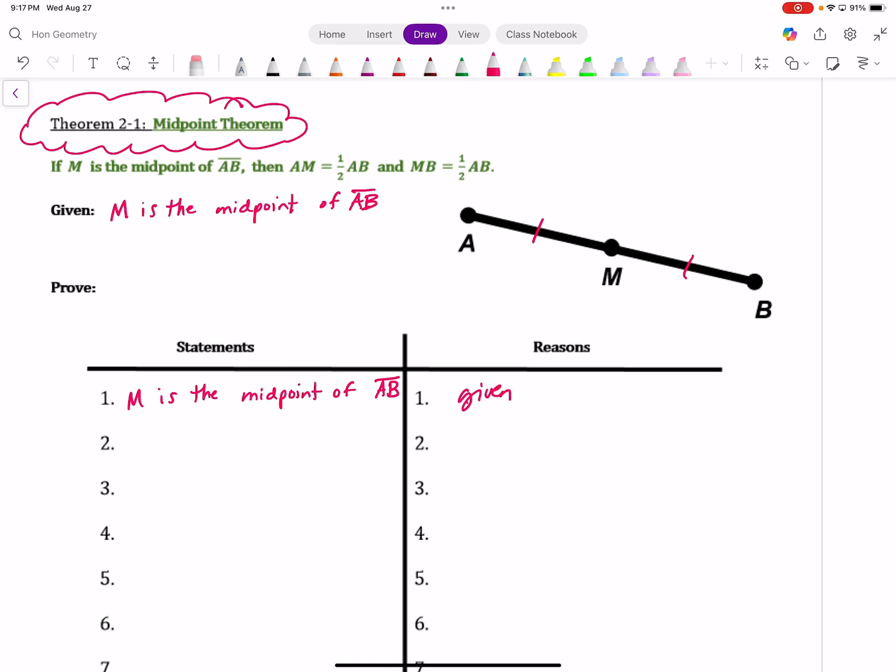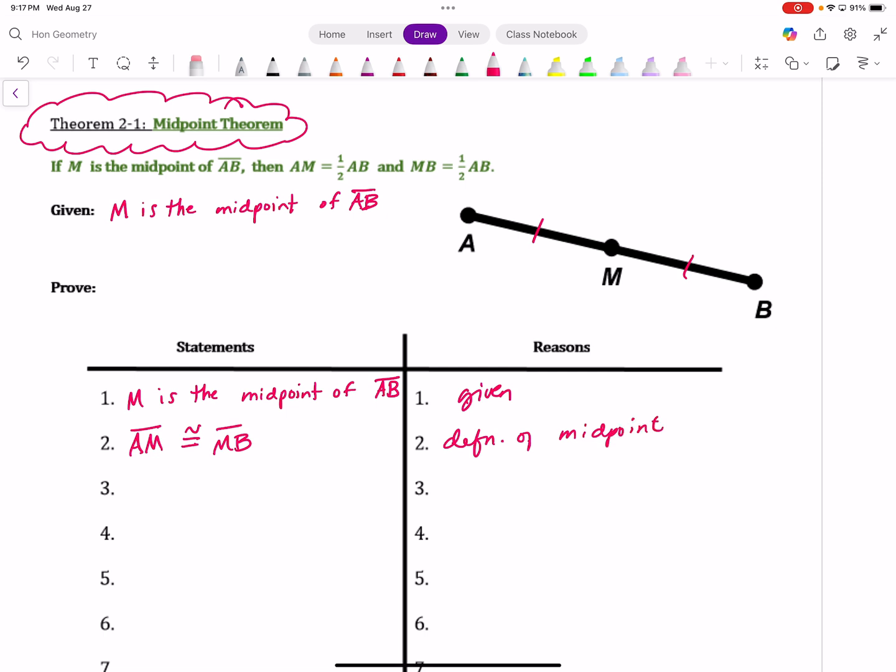All right, now, when I wrote that down, I came over here and marked something in the picture. Well, whatever I mark up, I need to put as a statement. So I just put in that AM was congruent to MB, and the reason I know that is because of the definition of a midpoint. That's what we just talked about.